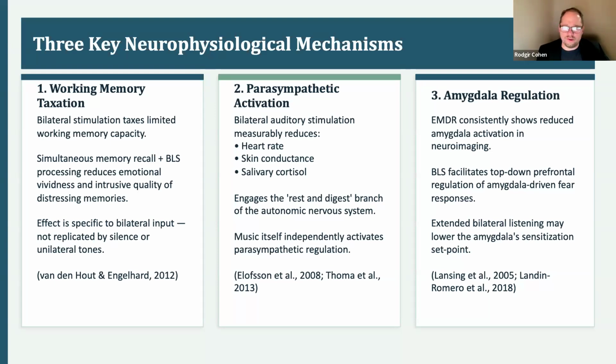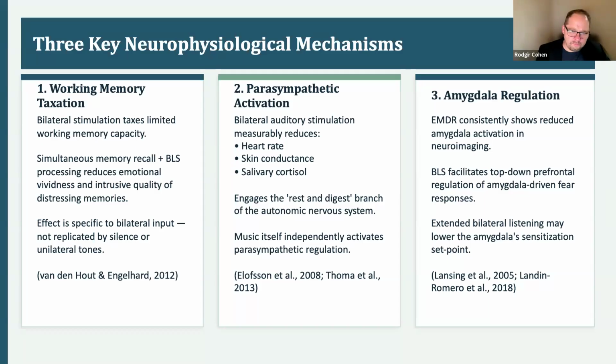The second mechanism is parasympathetic activation in the nervous system, which is your rest and digest system. We of course know this is the counterpart to the fight or flight response. When calming music like EMDR music is played, it activates this nervous system response through multiple pathways, including vagal tone, and this produces measurable physiological changes.